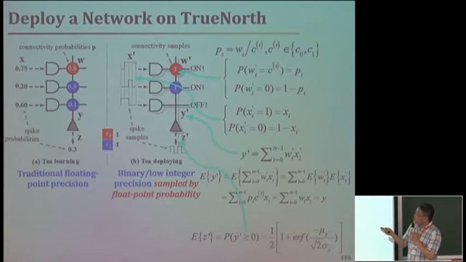And the generation probability of the spikes is equal to the normalized input.